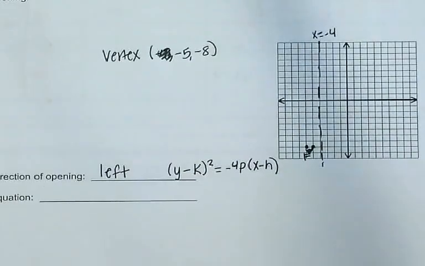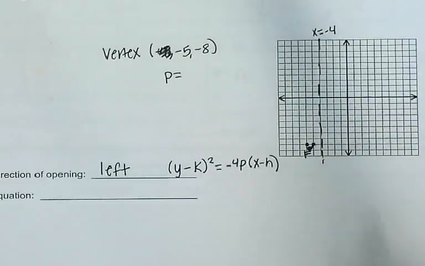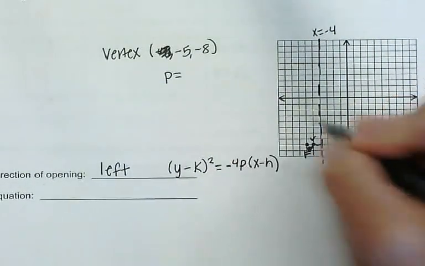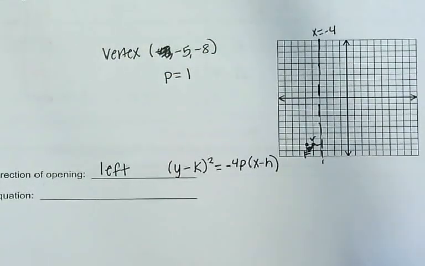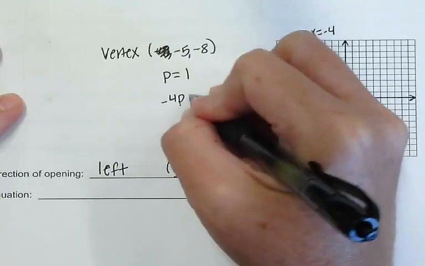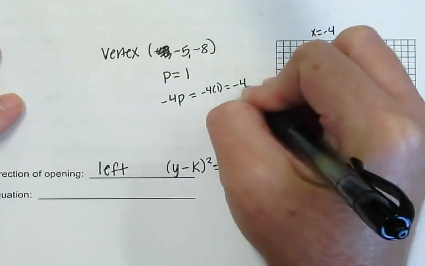All right, so what would my value of p be? 1. So that was my vertex. p would be 1. So for a -4p, -4 times 1 is -4.